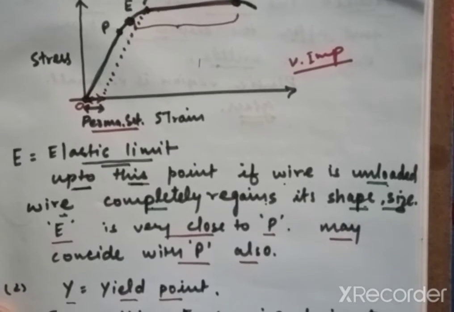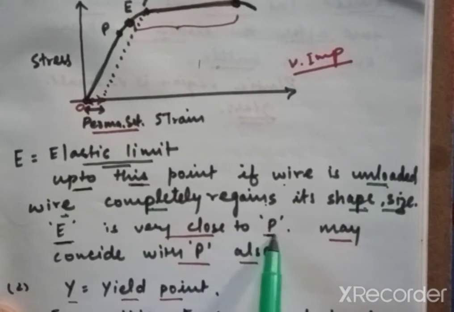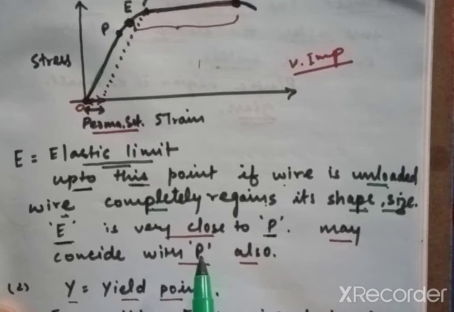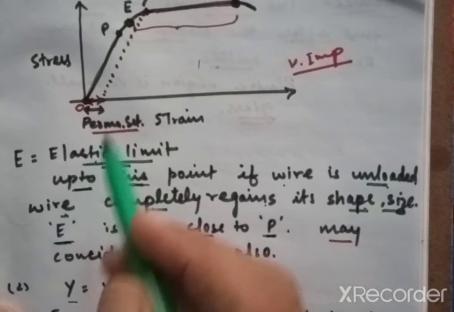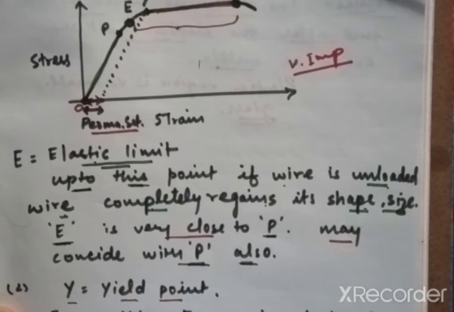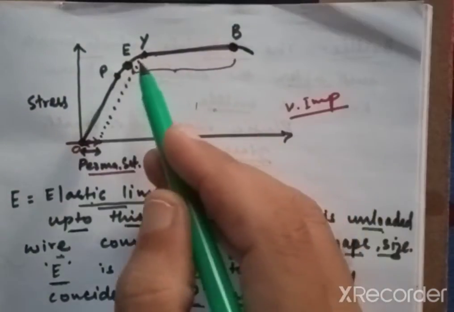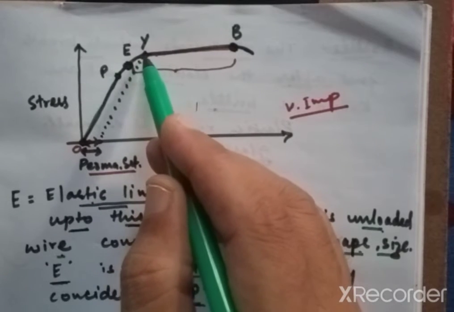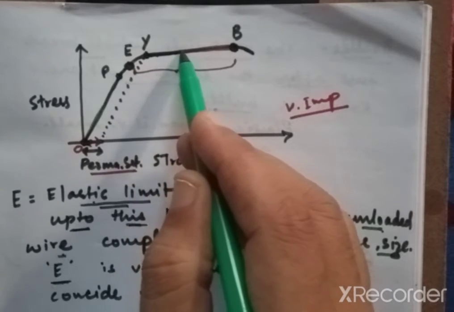Another thing about point E is that it is very close to point P generally, and it may sometimes coincide with point P also. So the elastic limit is very close to the proportionality limit P. The next point is yield point Y. This is the point beyond which the wire begins to flow.